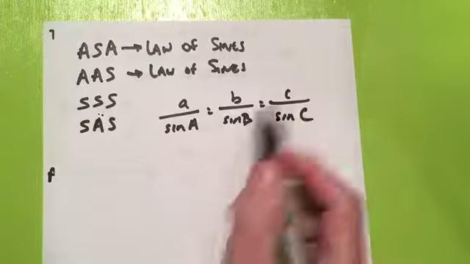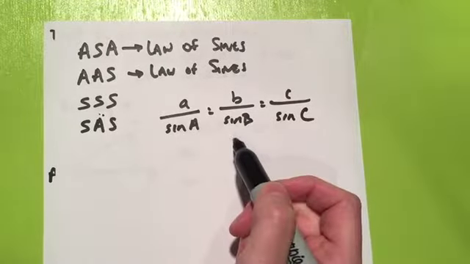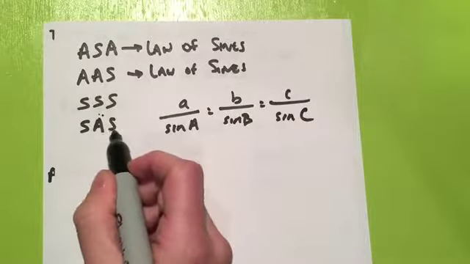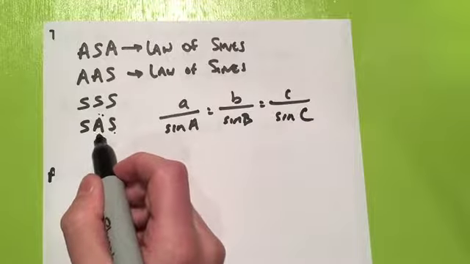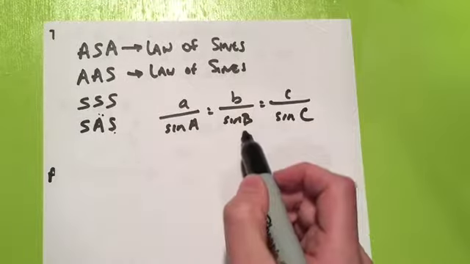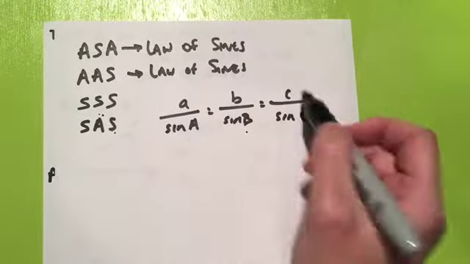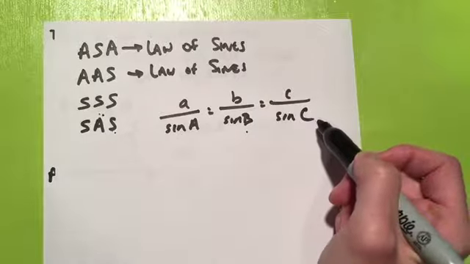Side, side, side, you'd always have two missing pieces. Side, angle, side, two sides and an included angle, that'd be A, C, and angle B. You'd always have two missing pieces in the ratio.